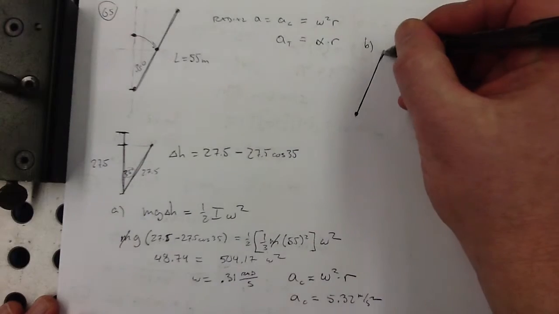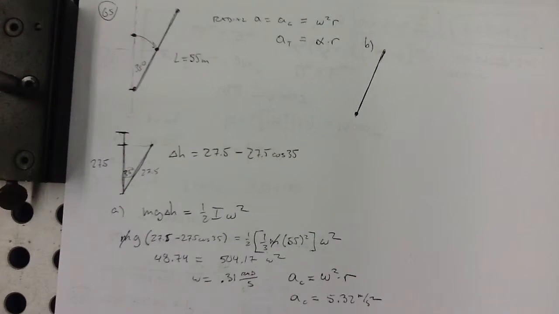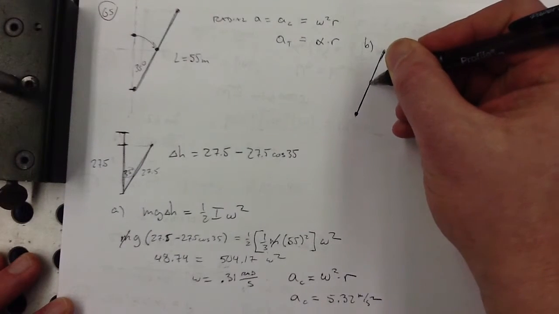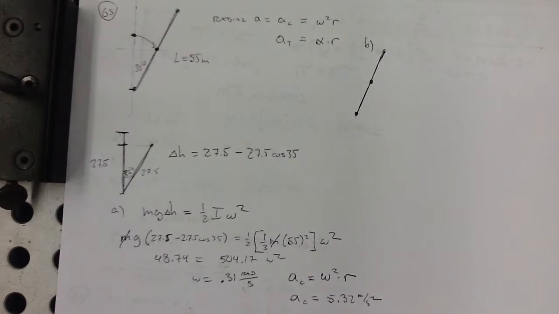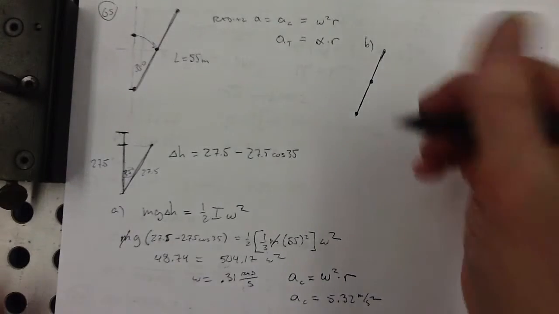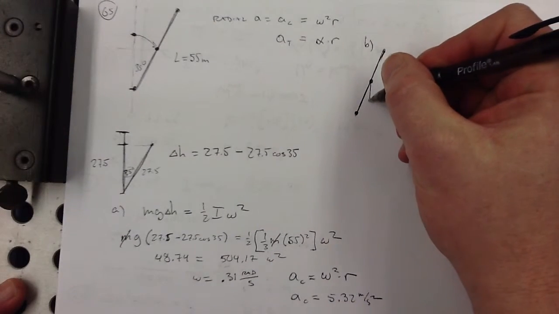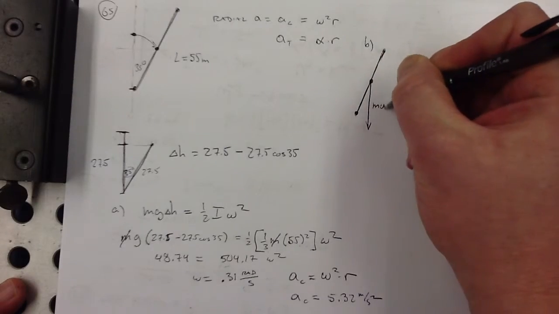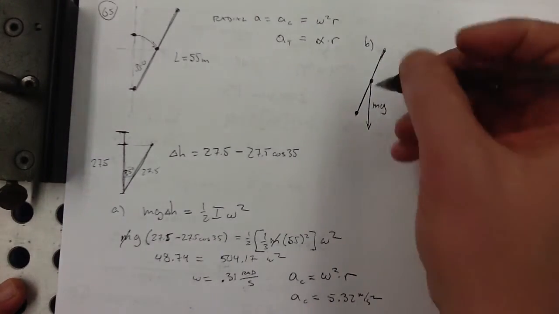Gravity acts on the whole rod, but it works if you consider the entire gravitational force to be acting as if the entire object had its mass concentrated at the center of mass. So I'm going to hang that gravity vector right here at the center. And for the purposes of torque calculation, that's where it's acting.